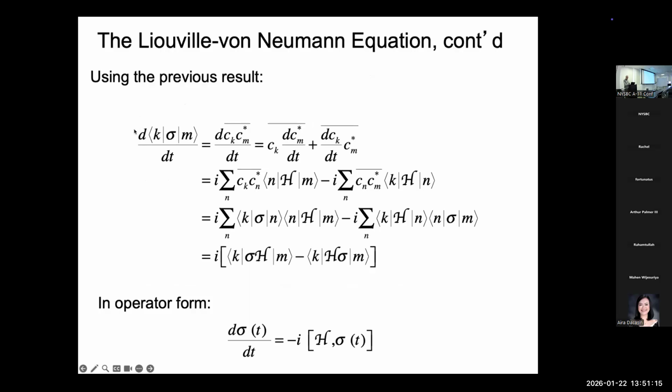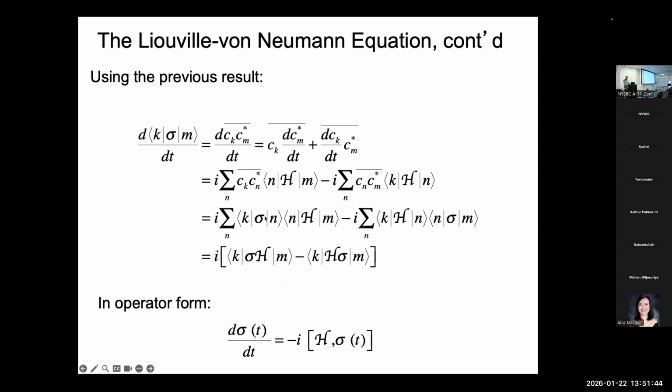But now I can come back and then ask, what does this look like? This is the derivative of the average of the product of c_k and c star. That was my definition. I have to apply the usual chain rule of calculus. And now I can substitute what I just calculated for the average of the derivatives. I substitute that in.